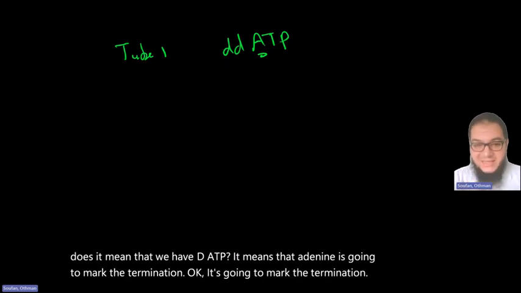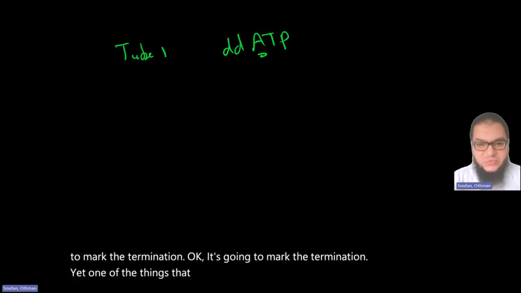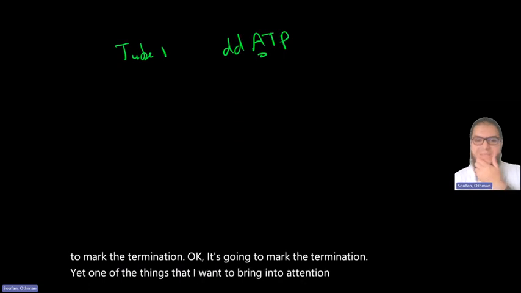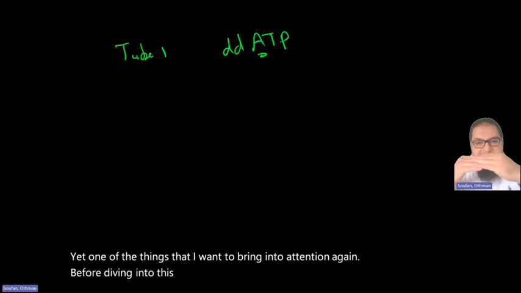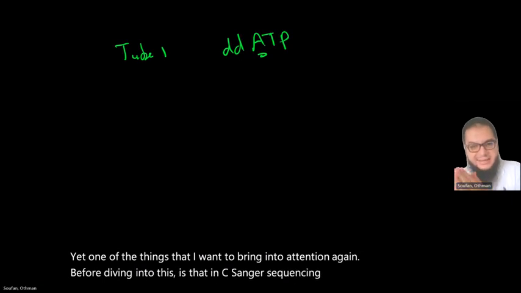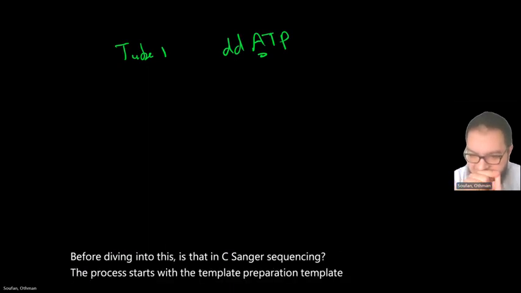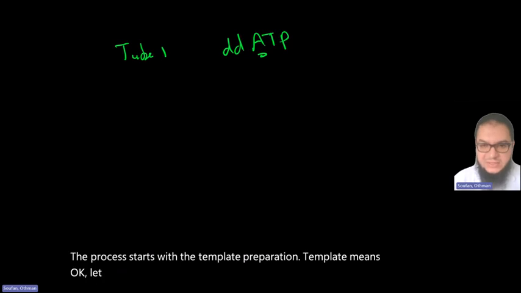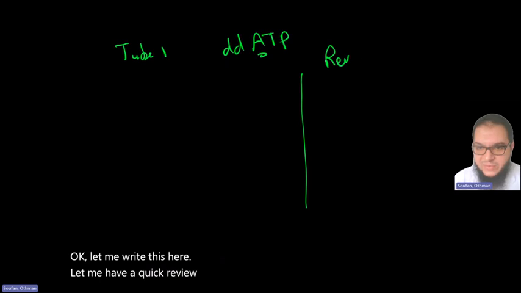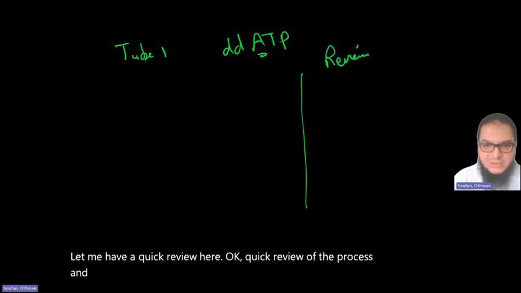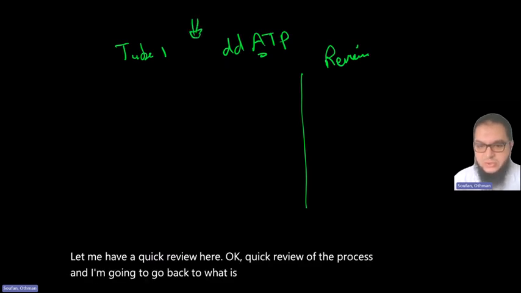Yet one of the things that I want to bring into attention again, before diving into this, is that in Sanger sequencing, the process starts with the template preparation. Let me have a quick review of the process, and then I'm going to go back to what is happening in that specific tube.